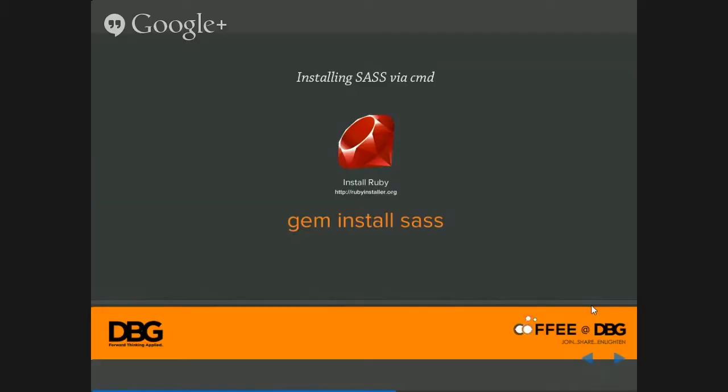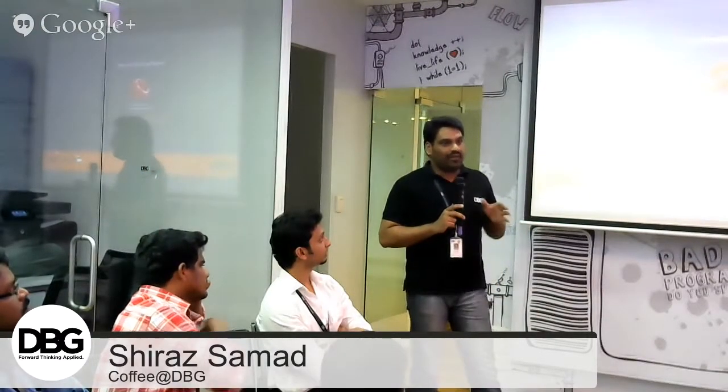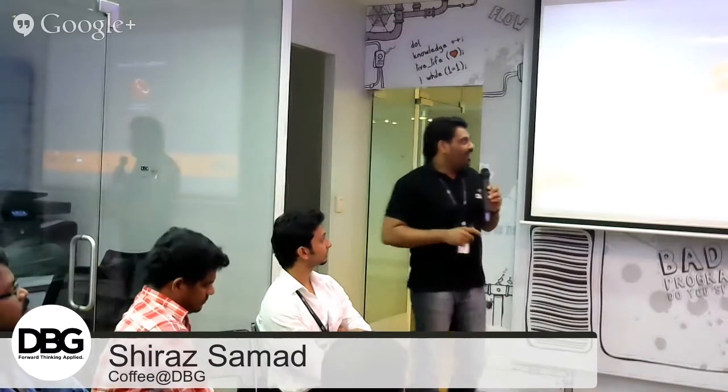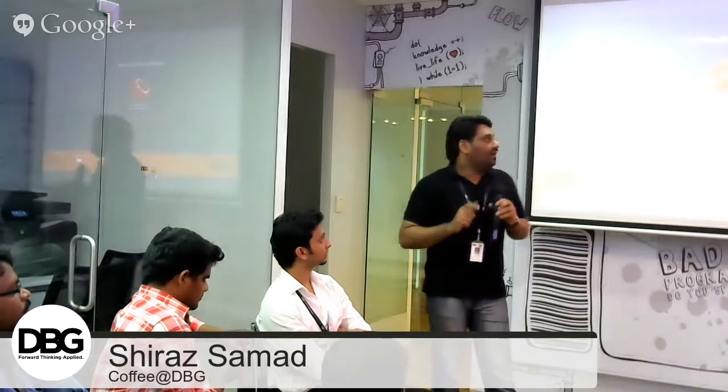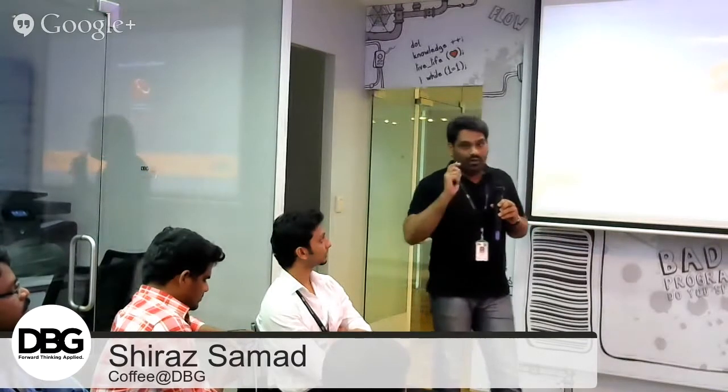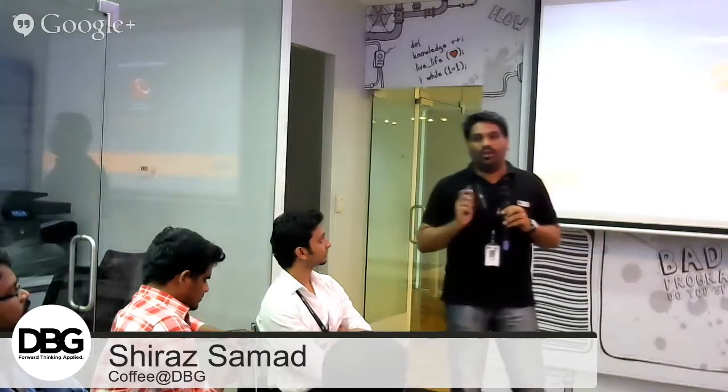SASS can be installed in two ways. If you are comfortable with command line tools, then definitely we can move forward with the command line. I prefer command line. Make sure you have Ruby installed in your system. For Linux and Mac users, Ruby will be installed by default.